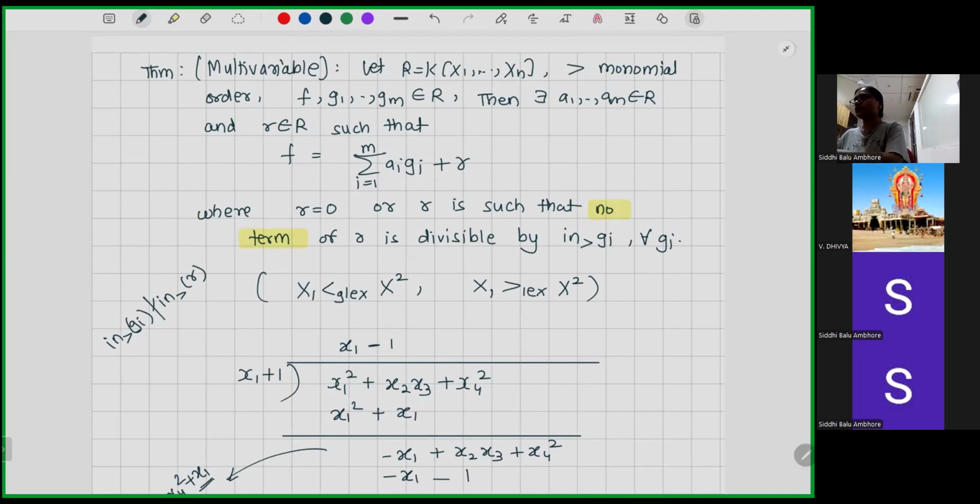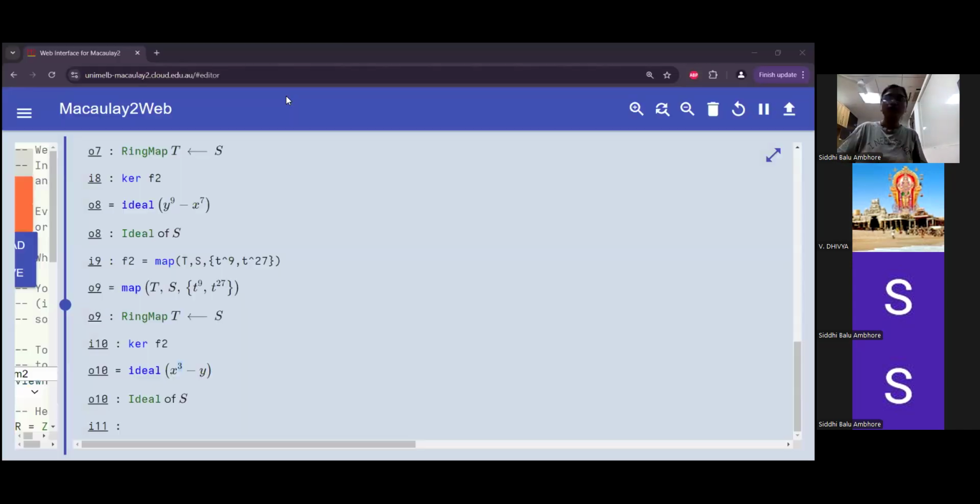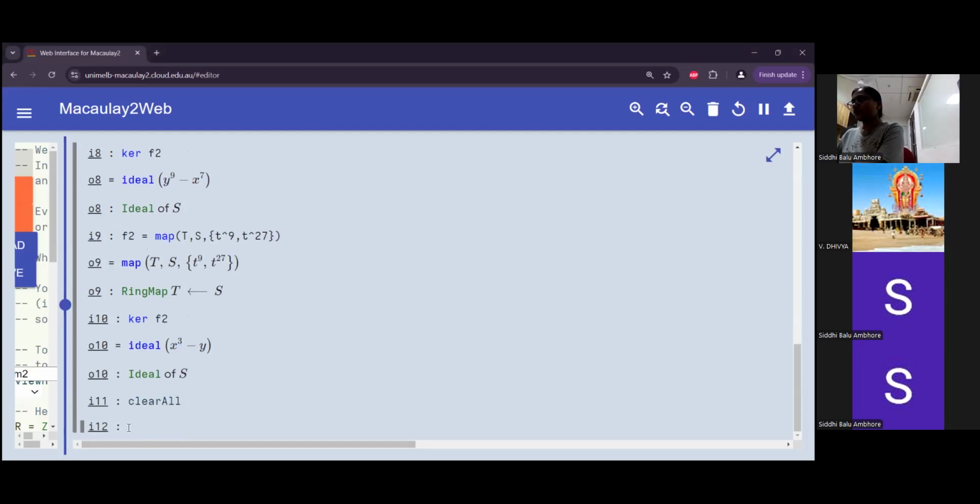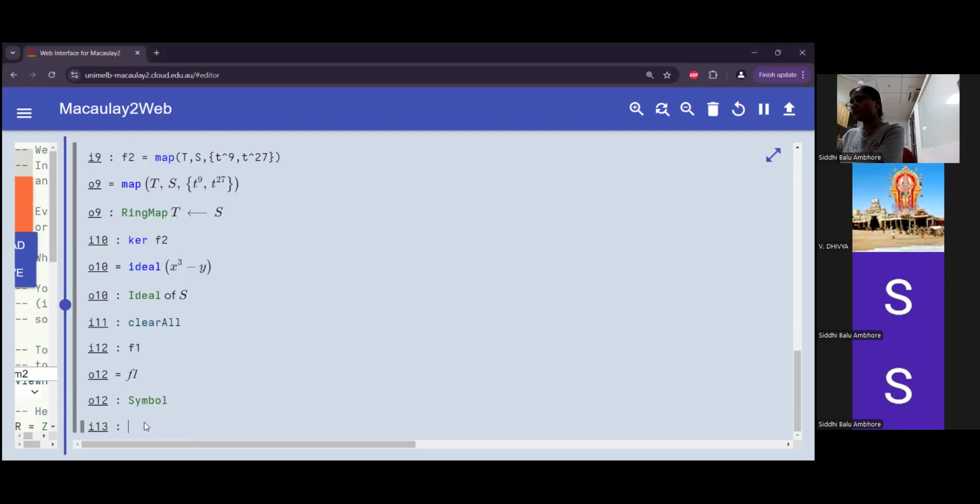We will try to see this division again here in Macaulay2. Okay, and now let me clear everything.